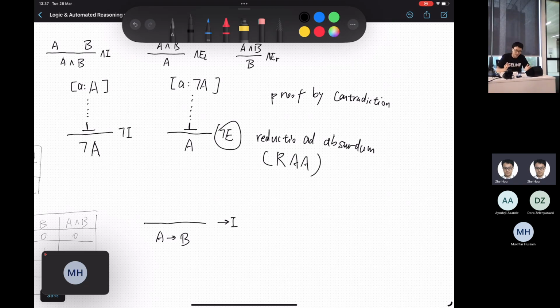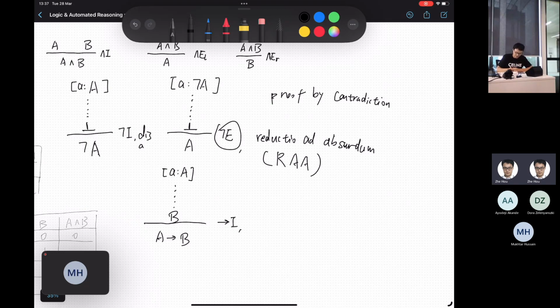The way we derive A implies B is we assume that A is true, and then we do some reasoning, we derive B. And then A implies B. That's straightforward. Assume that A is true, derive B, then A implies B. Oh, by the way, in all of those rules, after you get the conclusion, you discharge the assumption there.